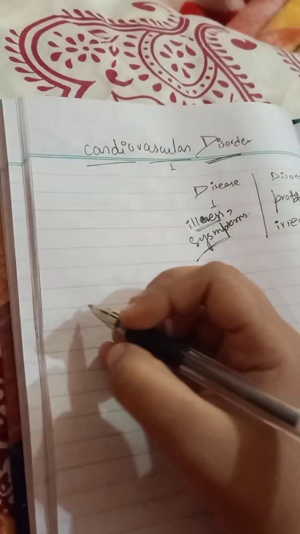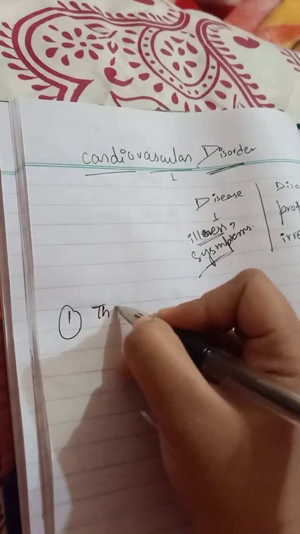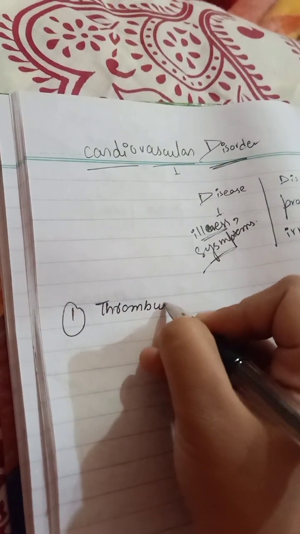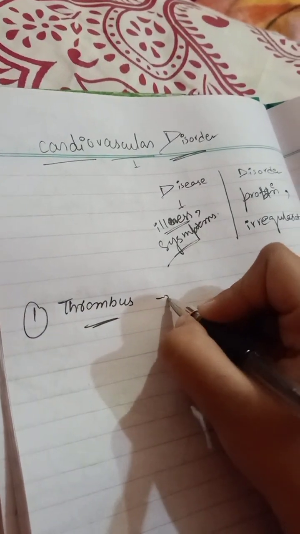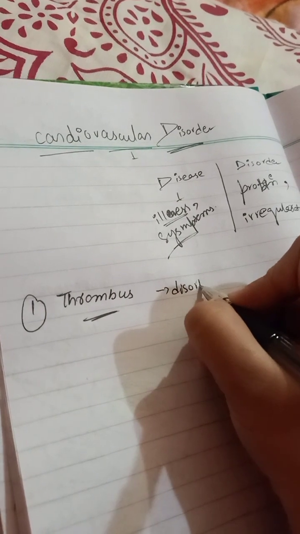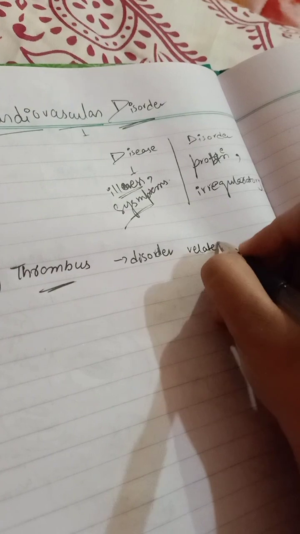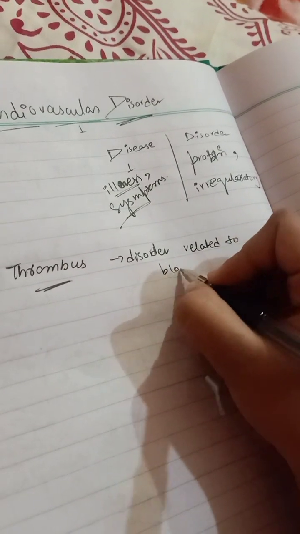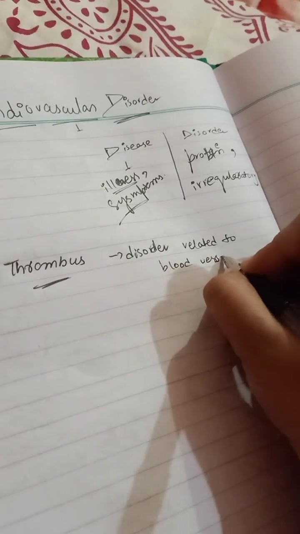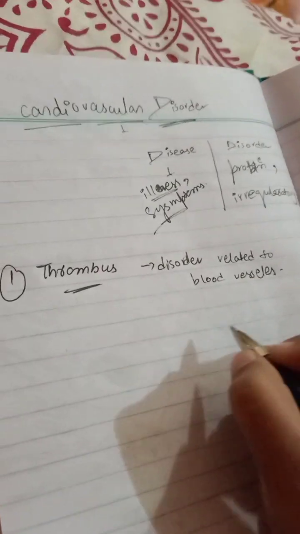So the first cardiovascular disorder we have is thrombus. What is thrombus? Thrombus is basically a disorder related to the blood vessels.